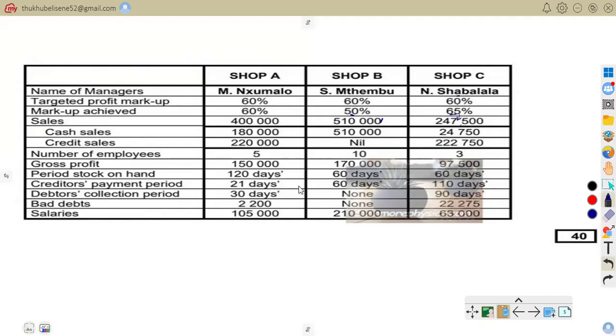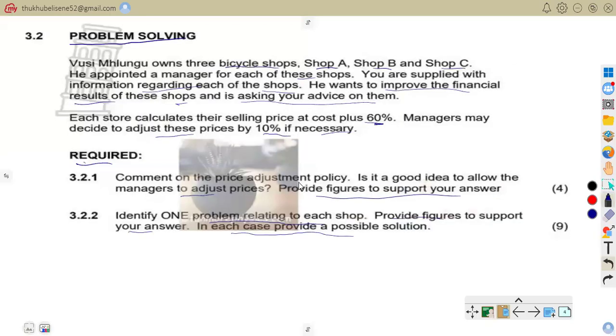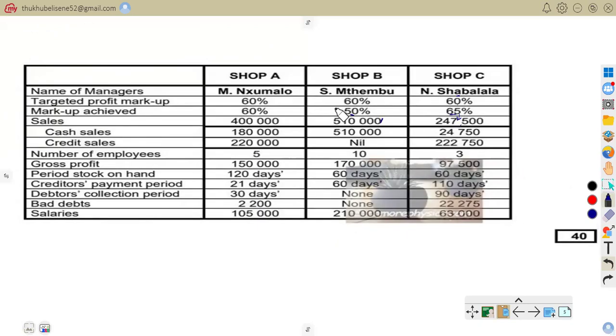Hope you get this. As you can see here, we were told that each store calculates the selling price at cost plus 60%. But when you look at this information, you can see now the targeted profit markup of Nzumailo is still 60%, but for Mutembu it is now 50%, and Shabalala is 65%.